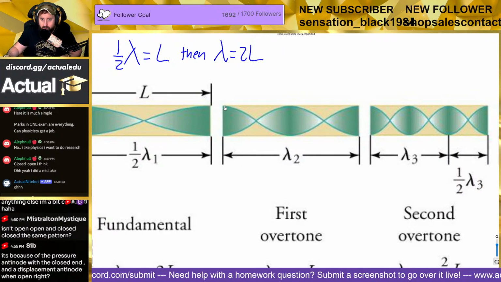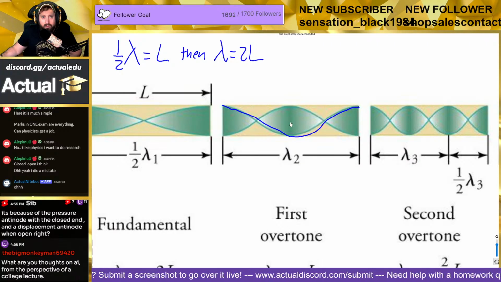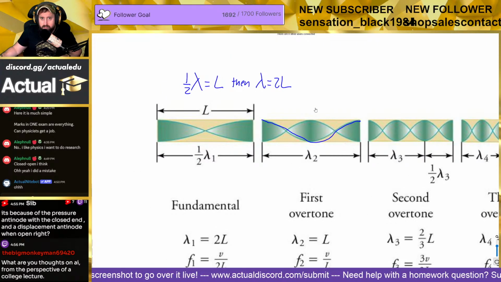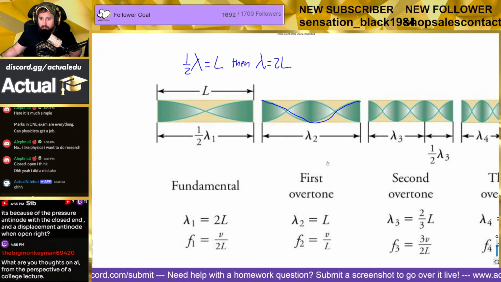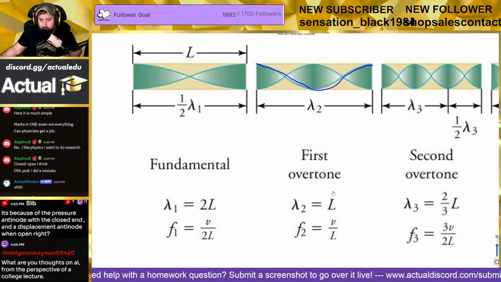And then the next case you could do is, cool, I could have it open and then open here. And now I'm fitting in 3/2 of a wavelength. And so now if I solve, right? Wait, is this right? This is probably not right. Oh, wait, no, this is a whole wavelength.